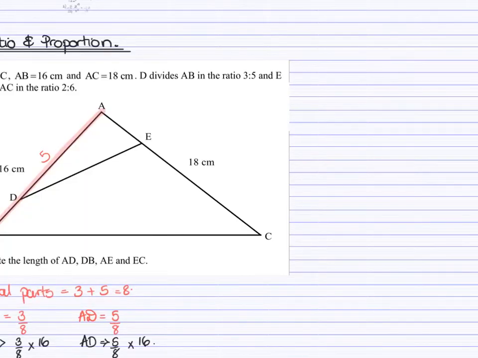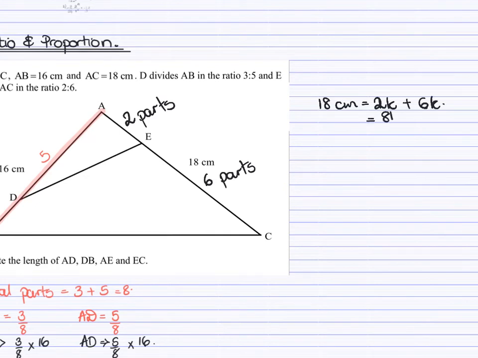The length AC is 18 centimeters and it has been divided in the ratio 2:6. Right. Now this is parts of a whole. Okay. What you have to do with this method, you would say 18 centimeters is equal to 2K plus 6K.